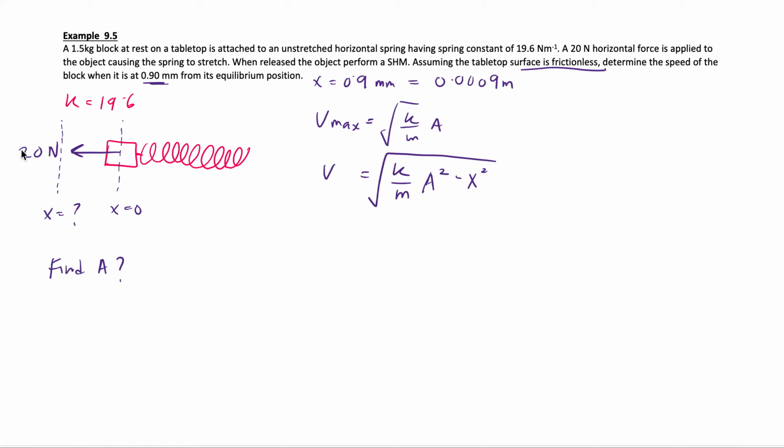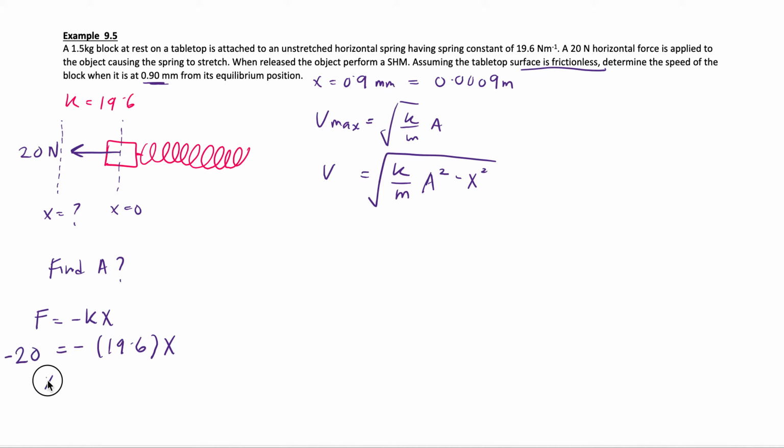Here's a hint: I applied a 20 newton stretch, right? So the spring has this equation, F equals minus kx. And I know what my k is, 19.6. And I applied some x, I don't know, but I know what the force is. It's 20 to the left.